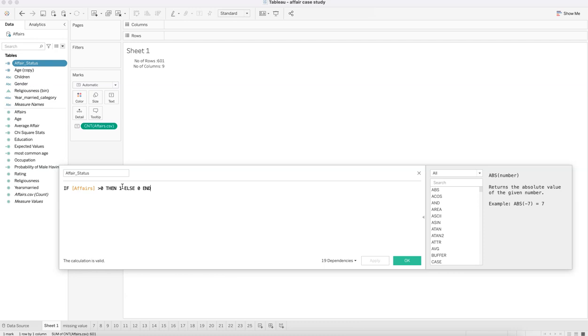From my analysis perspective, if 0, then there is no affair; if greater than 0, then the affair was present and they were engaged in sexual interaction.